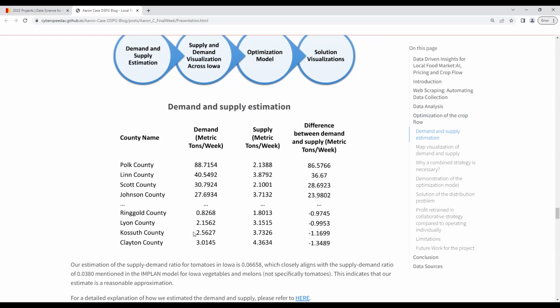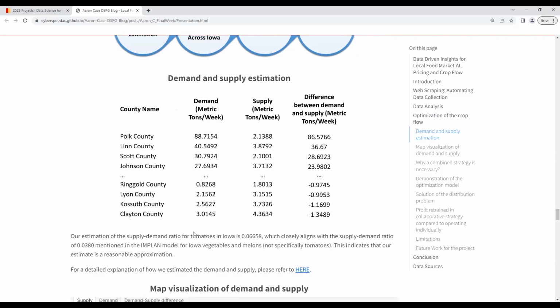They don't have data specifically for tomatoes, but they do have the supply demand ratio for vegetables and melons in general, and that is 0.380. So we can see that our estimation is somewhat closely aligned with their number.